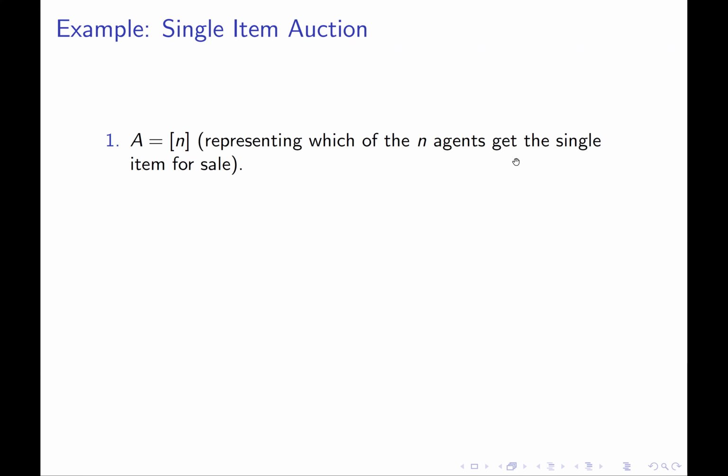Okay, so let's cast this in the framework that we've been talking about. So first of all, our set of alternatives in a single item auction is just equal to the set of bidders. The thing that I'm going to decide is who gets the toilet paper.